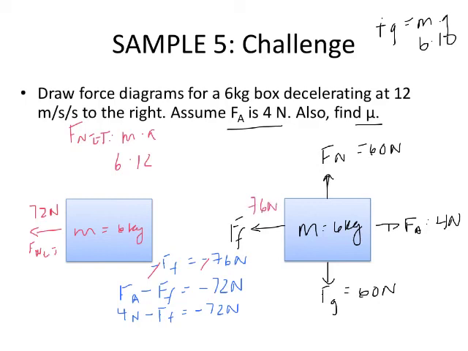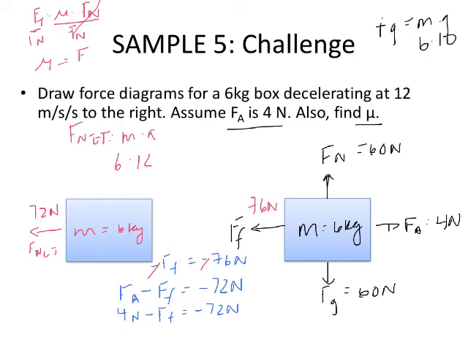Okay? So we found force of friction, and we have normal force, so we can use our F of F is equal to mu times Fn to solve for mu. To do that, you divide both sides by Fn. That cancels the Fn out on this side.